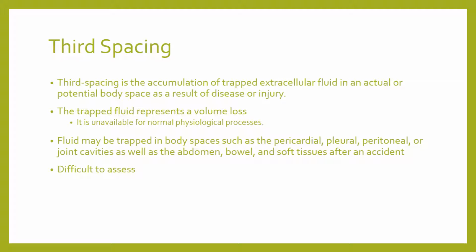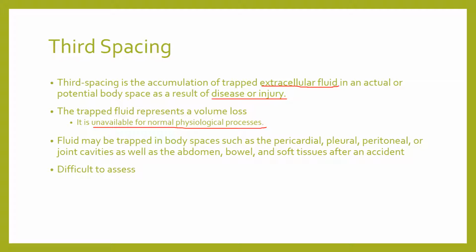Third spacing is basically trapped extracellular fluid that's in an actual or potential body space as a result of a disease or injury. The most important part about this concept is the fact that it's unavailable for normal physiological processes by the body. It's useless. Your body can't use it.